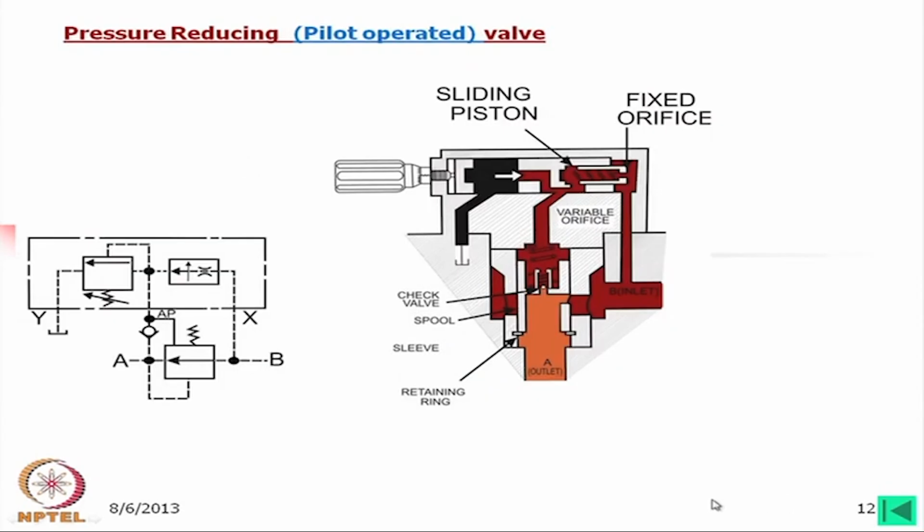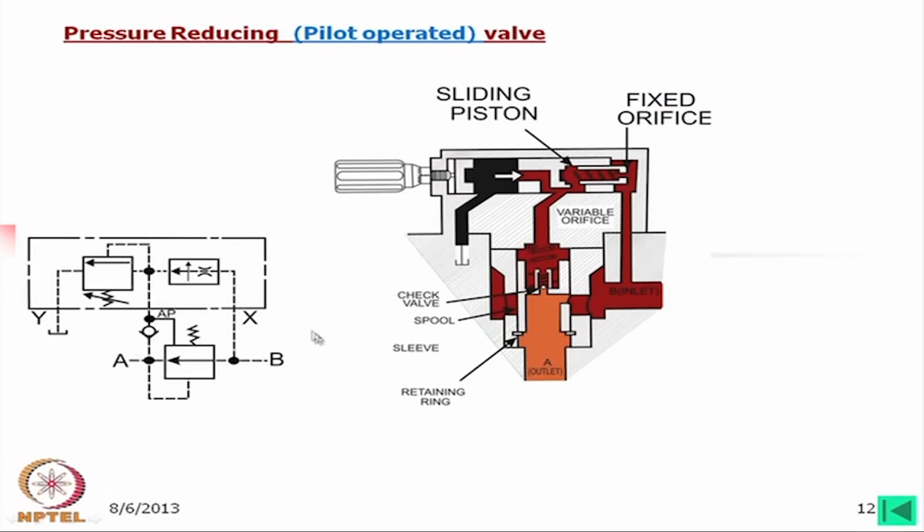Okay. So, here I have shown another pressure reducing pilot operated valve. Now, look at this. This symbol is very complicated, as you see. There is a pressure relief valve. This is the symbol of a pressure relief valve, but as well there is a flow control valve added to that, and then there is another valve with a check valve which is added to that.